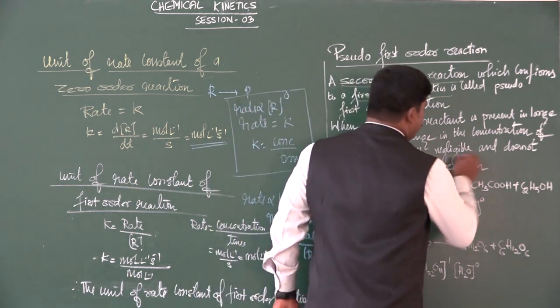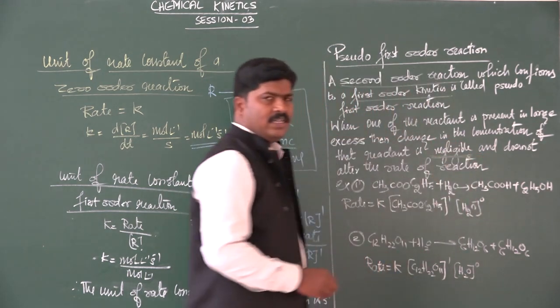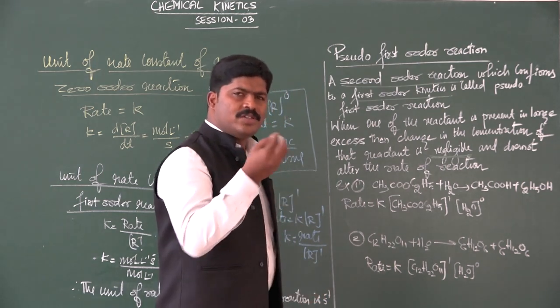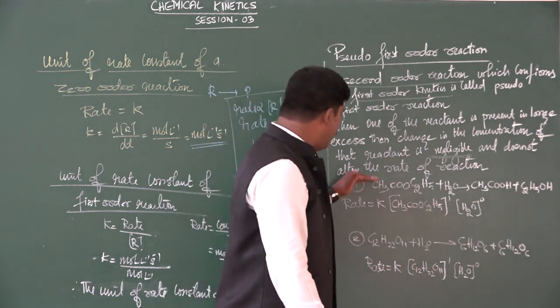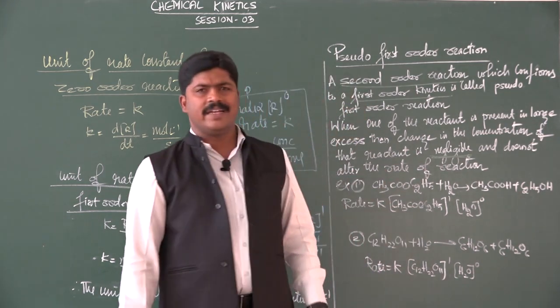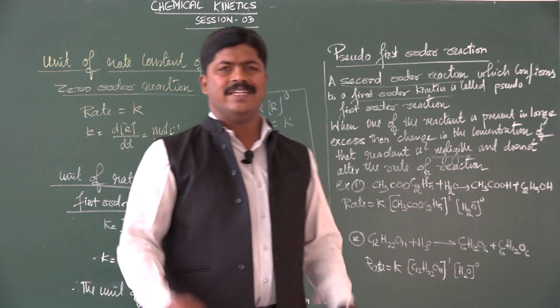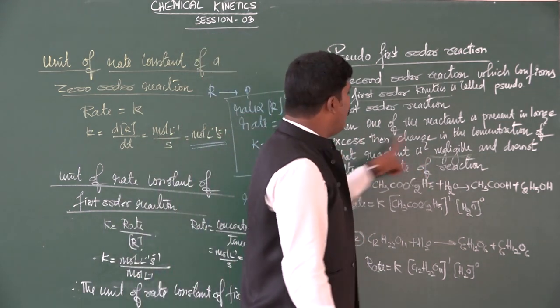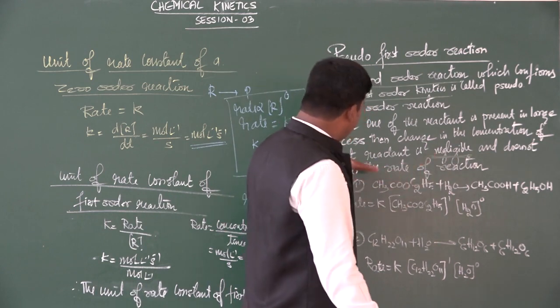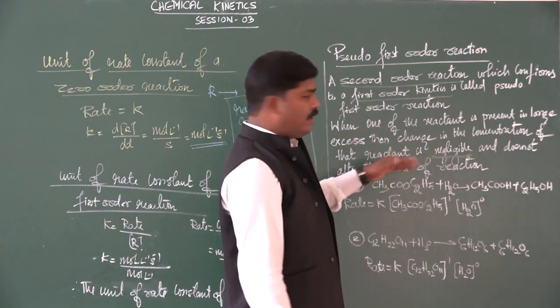Negligible means you don't consider it. Maybe a very minute change in concentration, a smaller extent, and it does not alter the rate of reaction. It remains the same because the change is negligible and it is present in larger extent.